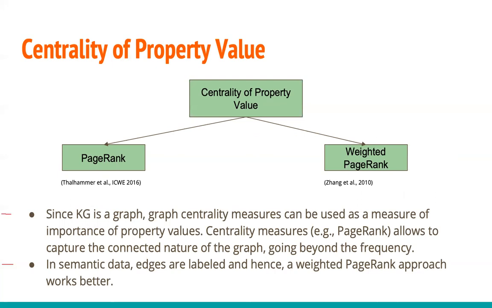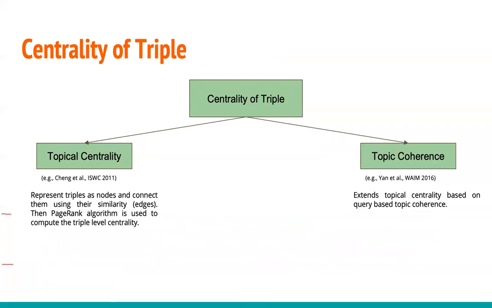That's only taking the value, because to run PageRank you need nodes and their connections. But how about considering the entire triple and then trying to come up with a ranking mechanism using centrality measures? So this interesting modification has also been tried.